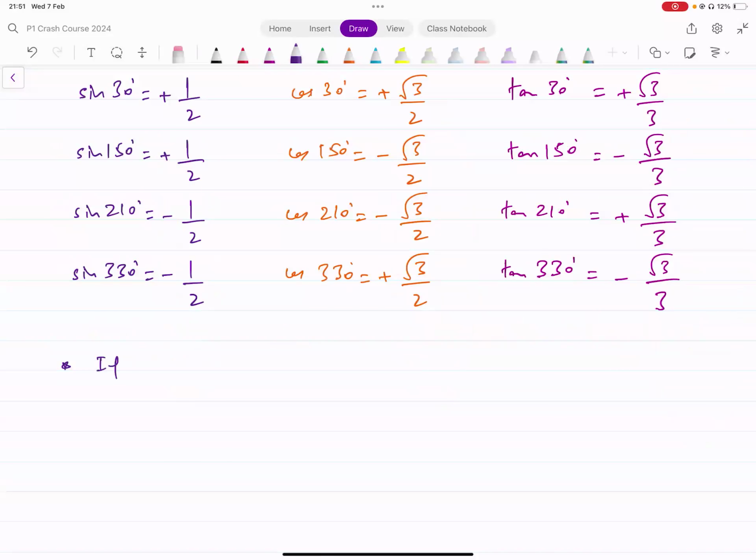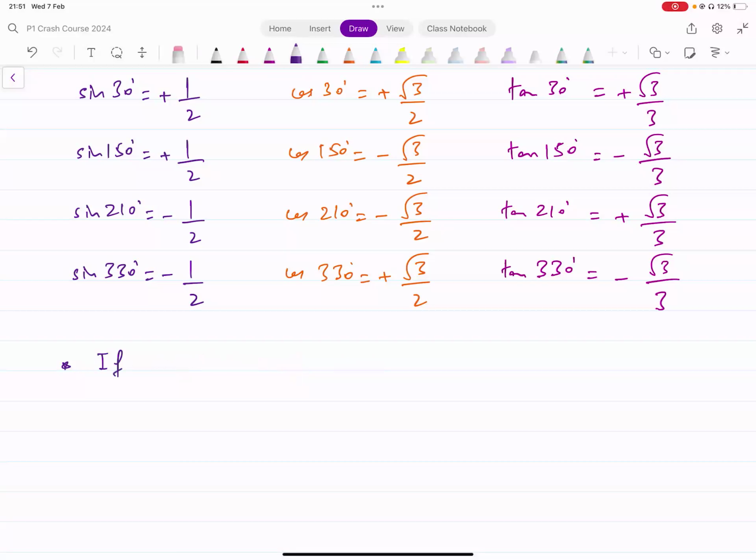Let me think about how to write it down first. Actually, yeah.